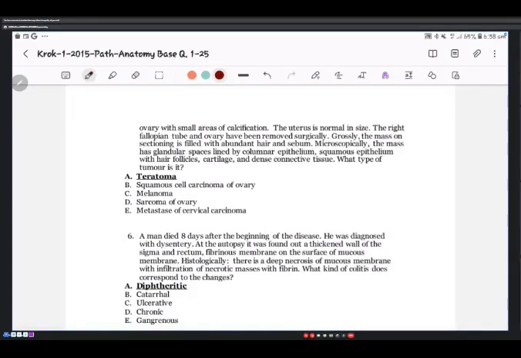The uterus is normal in size. The right fallopian tube and ovary have been removed surgically. Grossly, the mass on sectioning is filled with abundant hair and sebum. Microscopically, the mass is glandular space lined by columnar epithelium, squamous epithelium with hair follicles, cartilage, and dense connective tissue.